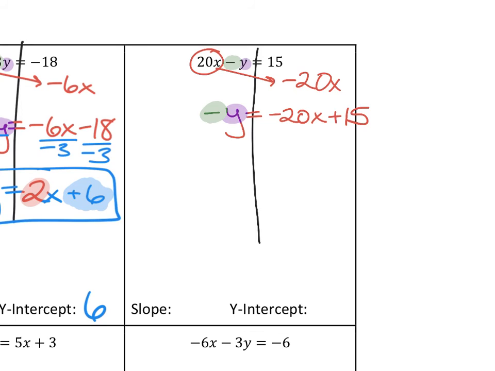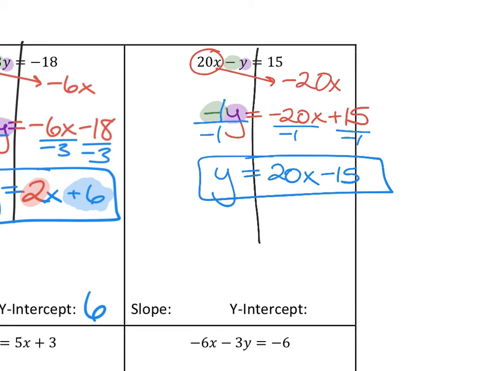What number am I going to be dividing by for this problem? Absolutely. There's a 1 sitting right in front of that y, a negative 1. So I'm going to divide each and every term by negative 1. And I'd be left with y equal to negative 20 divided by negative 1 is 20, and 15 divided by negative 1 is a negative 15.